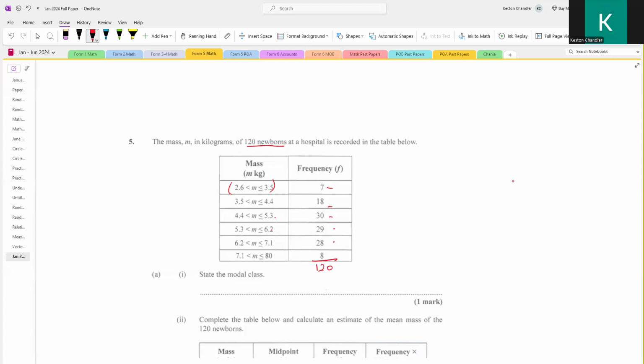If you were given a job to write out the weights of 120 newborn babies, wouldn't it make sense? Because you might have 7 babies within 2.6 and 3.5. Somebody might be a 2.7, and the next one is a 2.9, and the next one is a 3.1, right? So instead of writing all those things, you say, all right, there are 7 of them between 2.6 and 3.5. There are 18 of them between the weight of 3.5 and 4.4. Right?